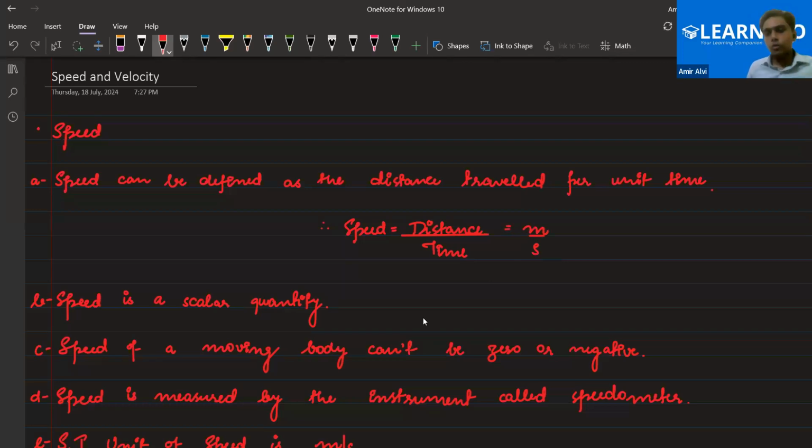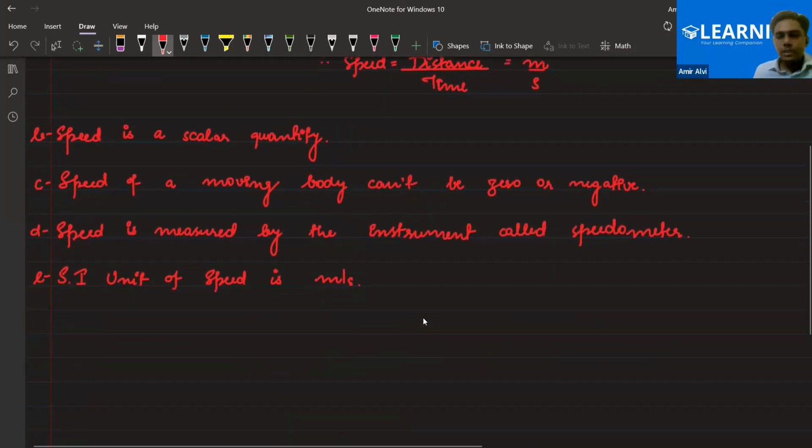So that's how you get meter per second. Please let me know, everyone, is this clear to you or not?